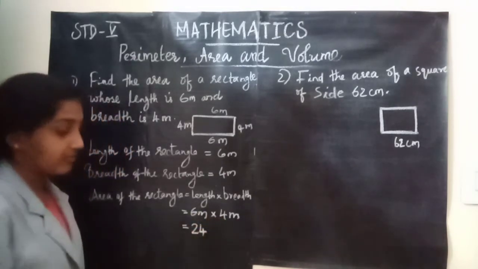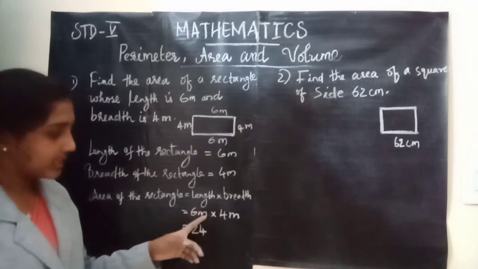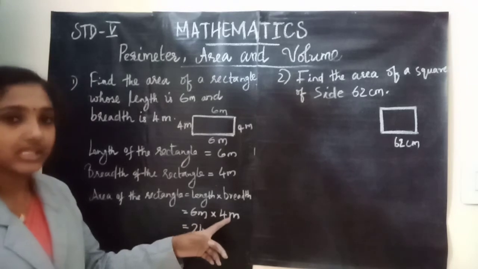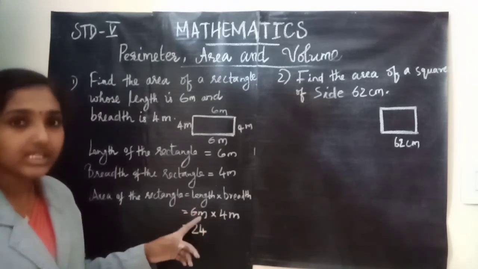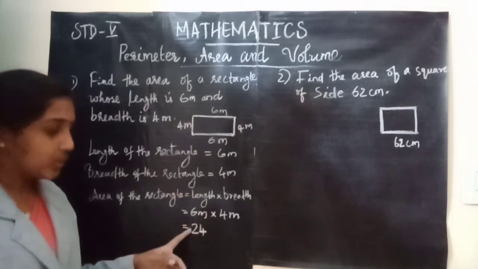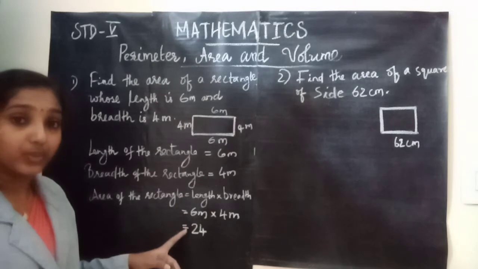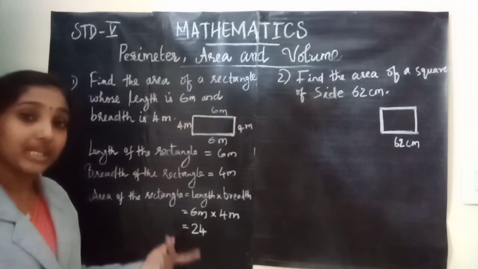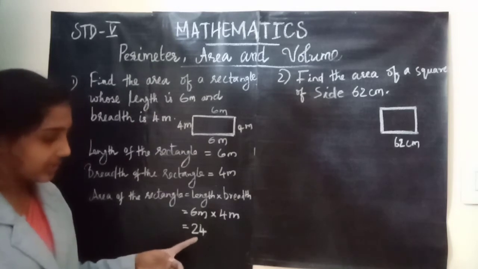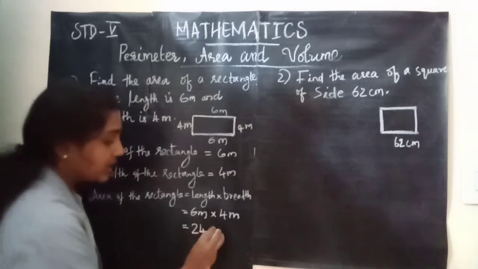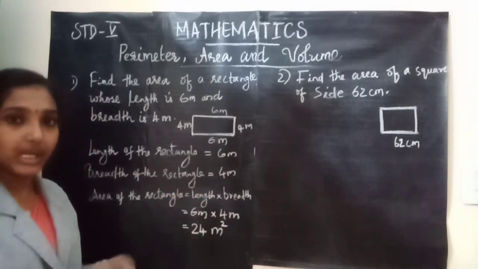And the unit of area: here the length is expressed in the unit meter. So when the unit of length is meter, the unit of area is meter square or square meter. So we can write it as 24 meter square.